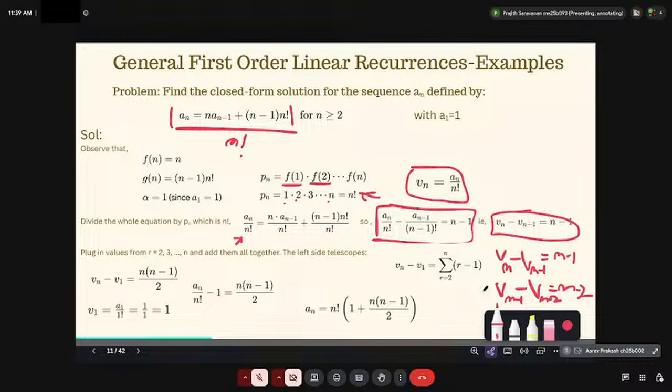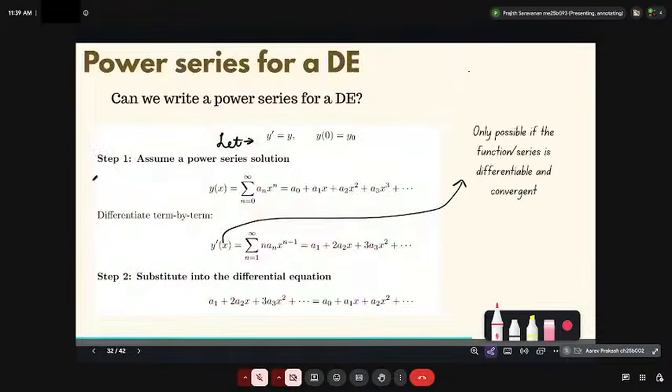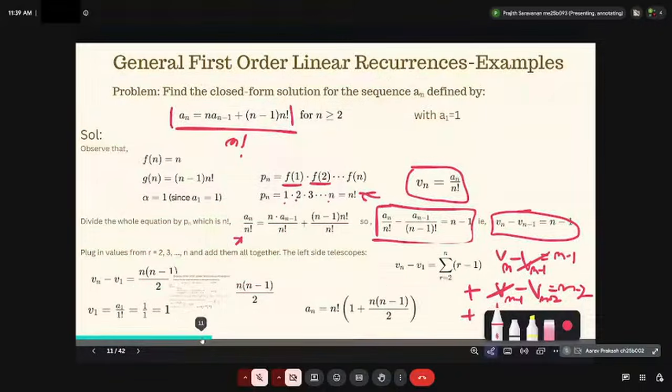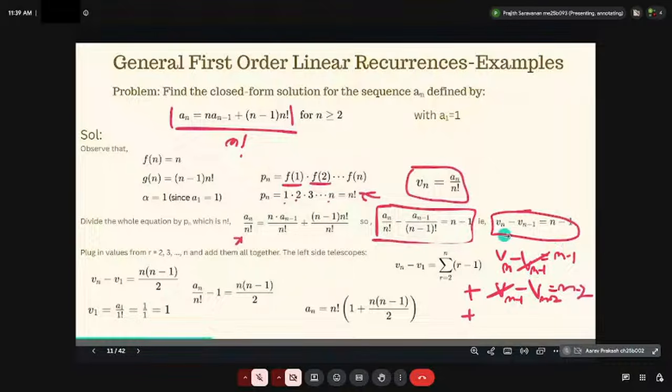If we see this, we can cancel these terms. If we add all of this, if we cancel all these terms, we will end up with the first term and the last term. So the first term is Vn and the last term will be V1 over here.